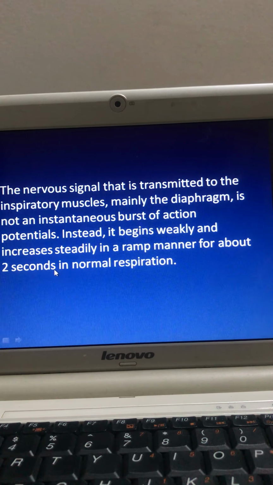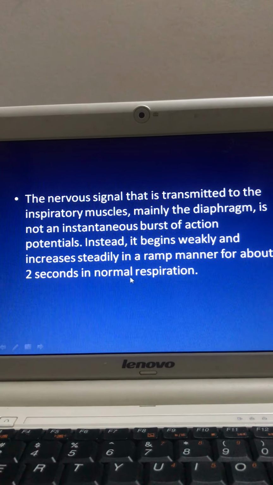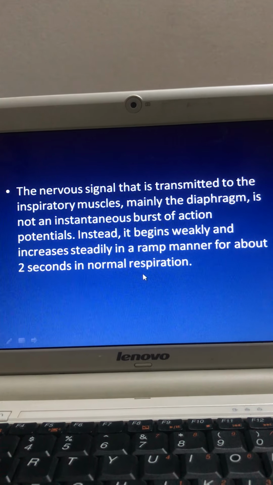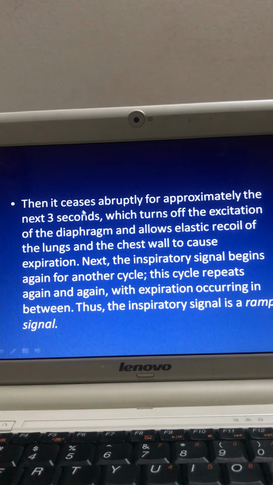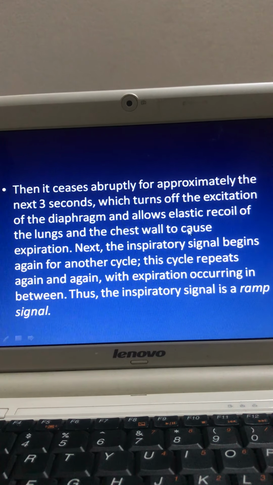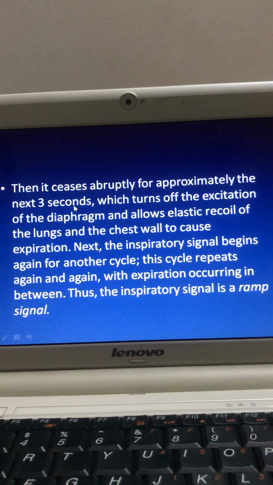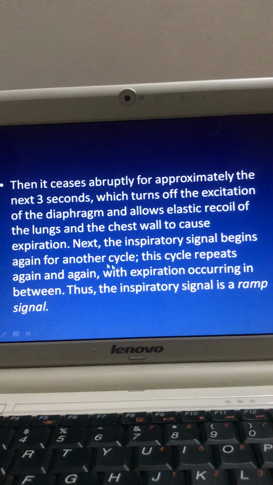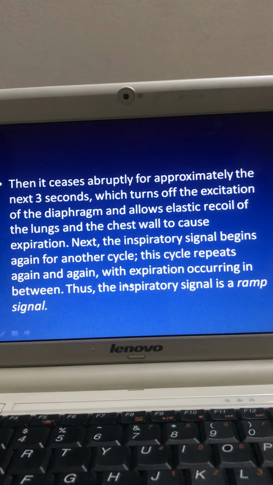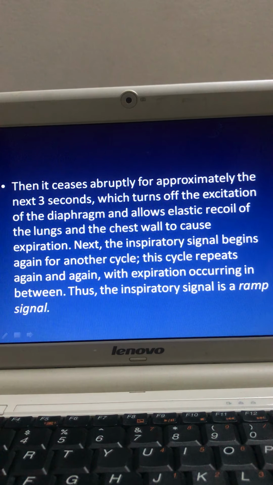Then after 2 seconds, expiration takes place by a passive process. The signal ceases abruptly for about the next 3 seconds, which turns off the excitation of the diaphragm and allows elastic recoil of the lungs and the chest wall to cause expiration.